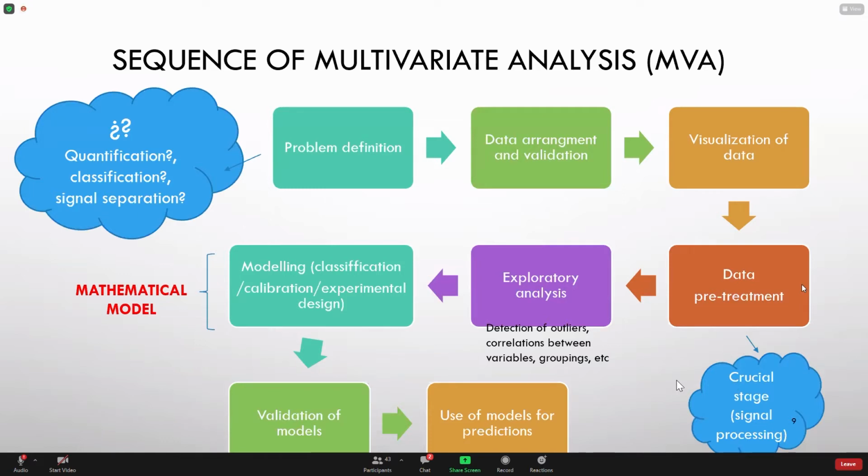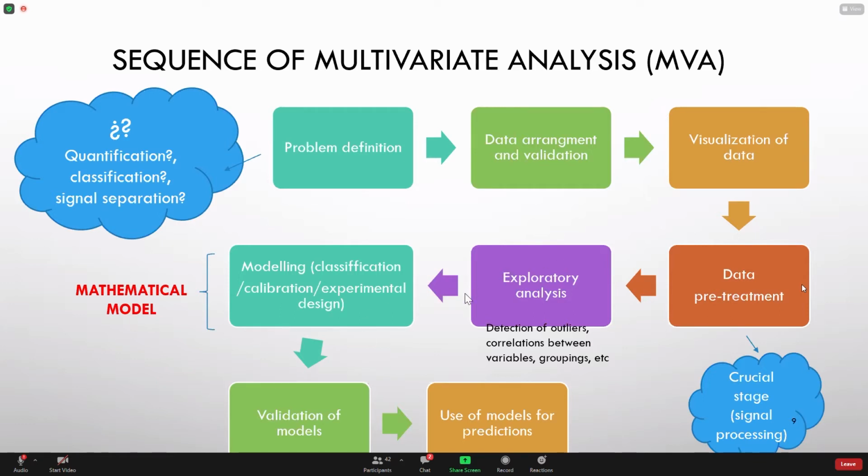Then it's maybe mandatory to do exploratory analysis. In this stage, we use the most famous chemometric method, the principal component analysis, PCA. Michael talked about that. This step could detect anomalous samples called outliers. And in this step, we will see if we have some correlation between the samples, or between the variables, or samples with variables, and so on.